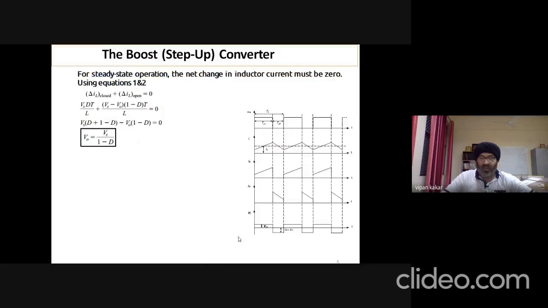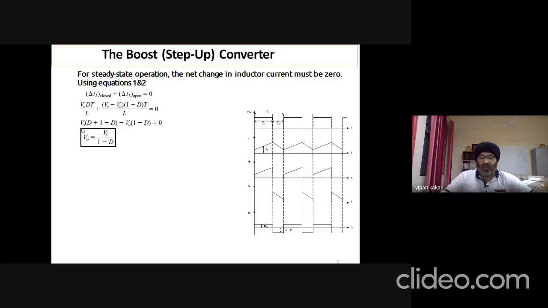Then we sum both of them together and equate them to 0, because we know that the net change in inductor current must be 0, or the net energy stored must be 0. This is the voltage-time relation during the turn on time when the switch is closed, which we saw in the previous slide, and this is during the turn off time when the switch is open.